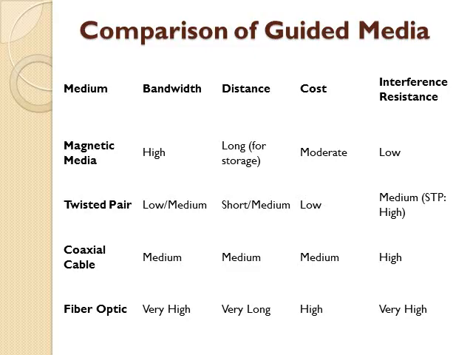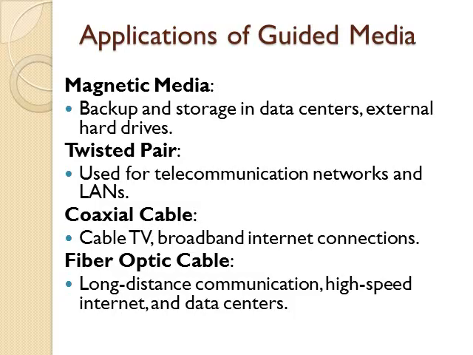Coaxial cables have a medium bandwidth, can be used for a medium distance, cost is medium and electromagnetic interference is high. Fiber optic cable has a very high bandwidth, can be used for very long distance, cost is also high and resistance to electromagnetic interference is also very high.